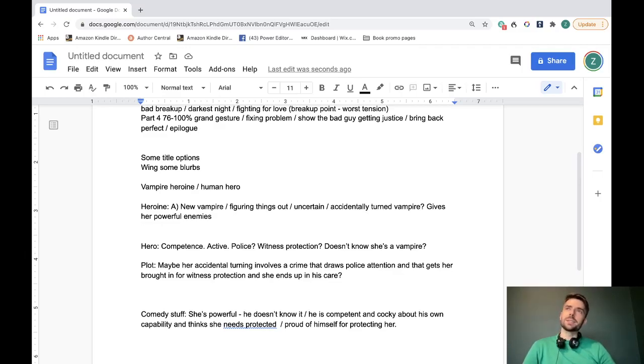Maybe her sister, a sibling, made her a vampire on purpose to protect her. Okay, maybe her sister was in trouble and had to turn her into a vampire to give her a chance of surviving. Maybe her sister even gets killed before the events of the book, and that's the mystery angle. Like, why did they kill her sister?